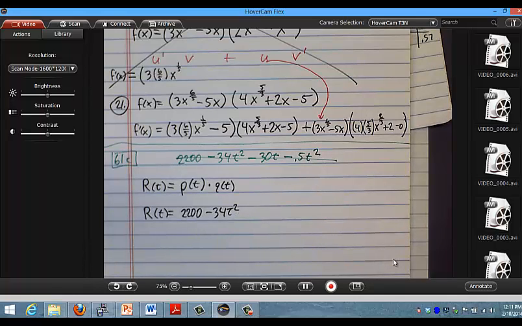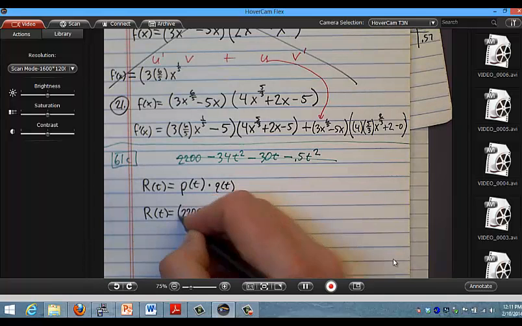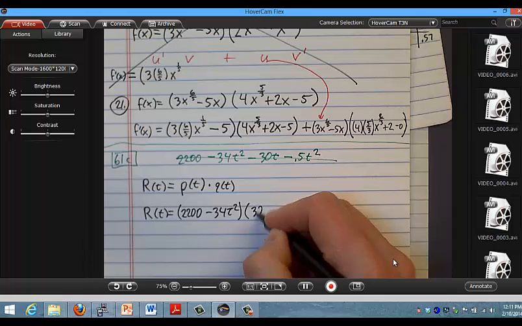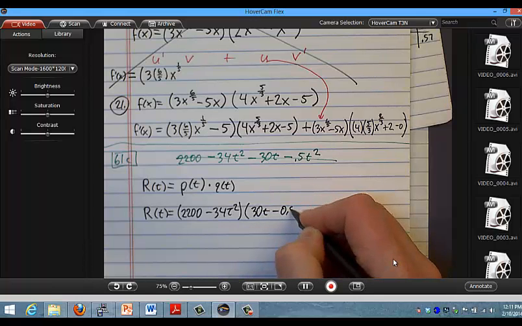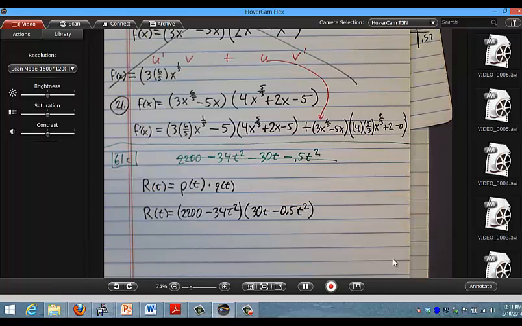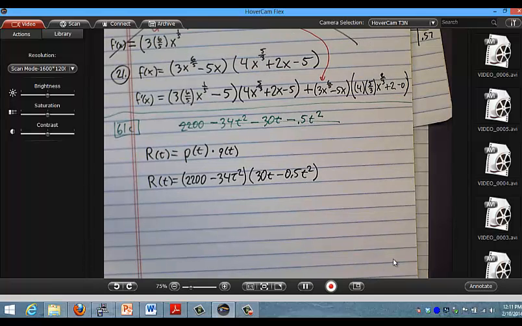And you're saying times 30t minus 0.5t squared? Yeah. Okay. And so now it says verify that after multiplying and simplifying, we get this function.